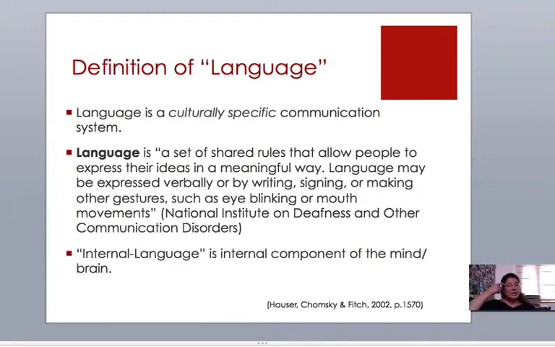To define this, Chomsky and colleagues like to put language into the context of being a culturally specific system. It's set up with a bunch of rules that are agreed upon by a certain society, a group of people in a cultural context. So there's a very, very strong link between culture and language.